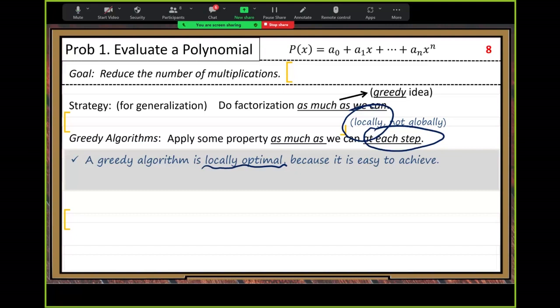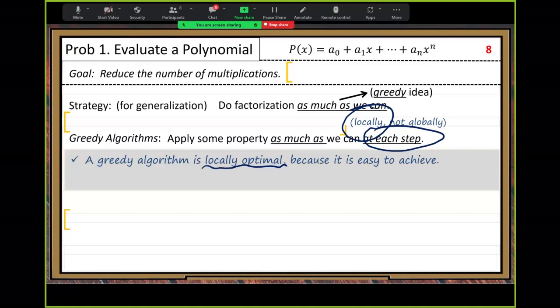People may ask this question: why do you not take the strategy with global optimality, not local optimality? The answer is simple. It is too hard to get global optimality. It's very easy to get a local optimality, but extremely hard to get a global optimality.